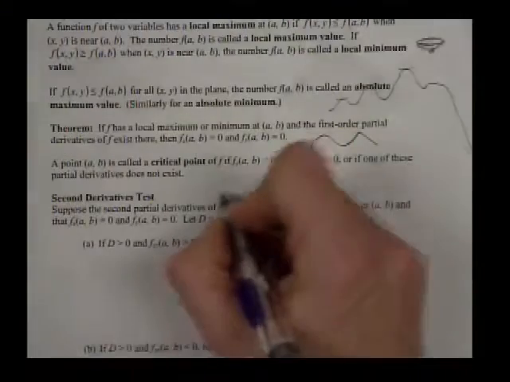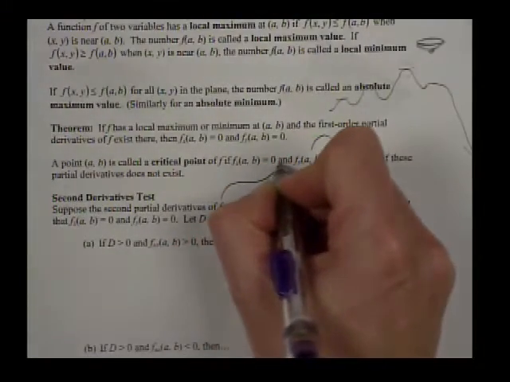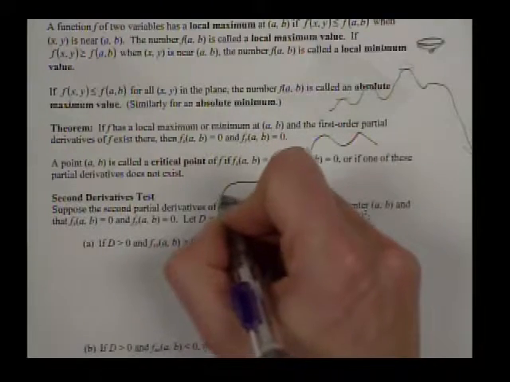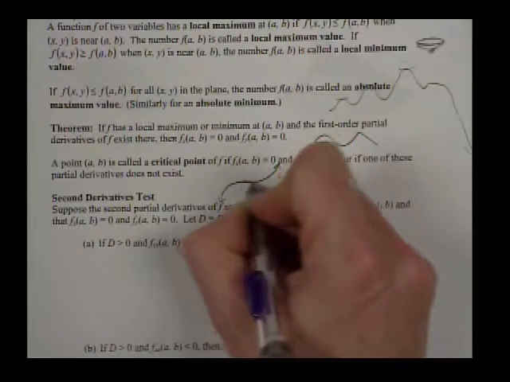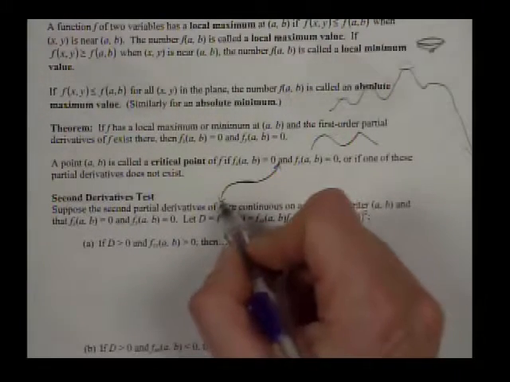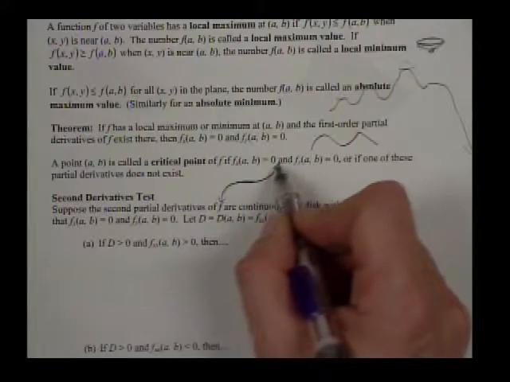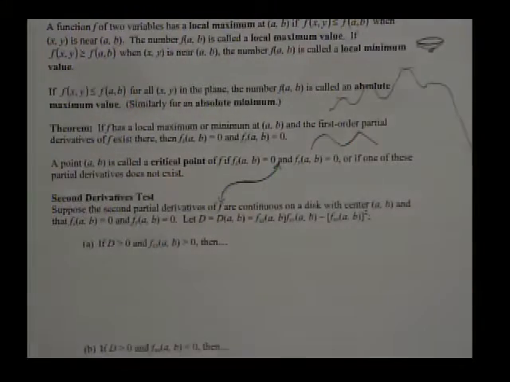An example from Calc 1 is if we had a graph like that, where it flattens out, the derivative is 0, but that's not a max or a min, right? This is not the top of a hill because you clear it and you go uphill again. So just because the partials are 0 doesn't mean there has to be a max or min there. It's just those are the candidates for where a max or min could occur.